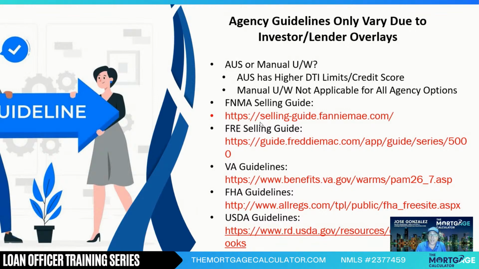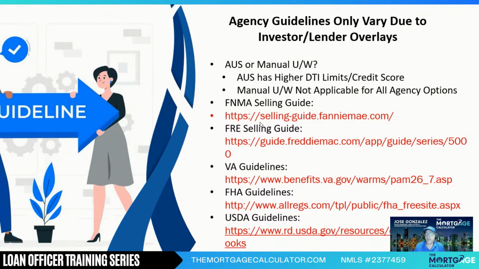Then, if it's Fannie Mae, we got the link right there for Fannie. We got the link for the Freddie. We got the link for VA guidelines, FHA guidelines, and USDA guidelines. They're just a click away. And then, mind you, keep an eye on any overlays that the investor may have. And you get a lot of overlay differences in FHA, for example.